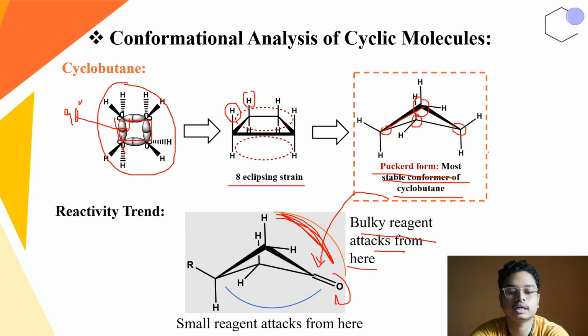In this deep area, the valley area, there is a little strain, so bulky reagents won't approach from this site. The small reagents such as NaBH4, the hydride donor, attack from this site, and this carbonyl will go in the upward direction. Due to this puckered form, this type of reactivity is observed.